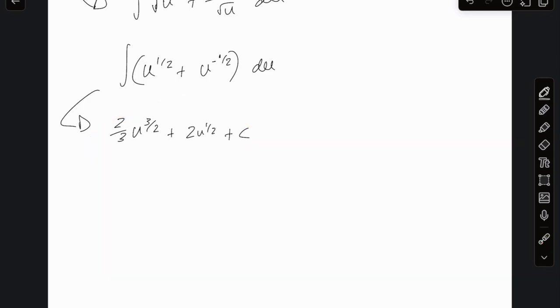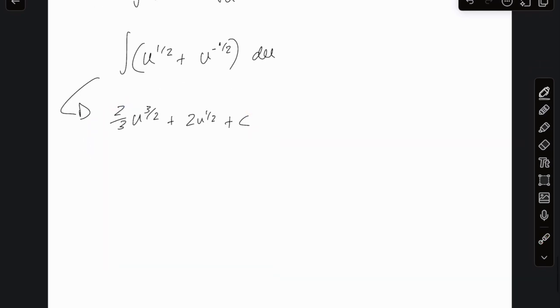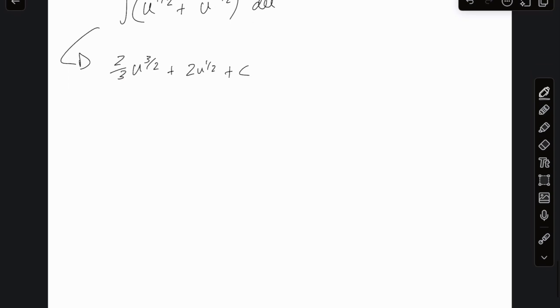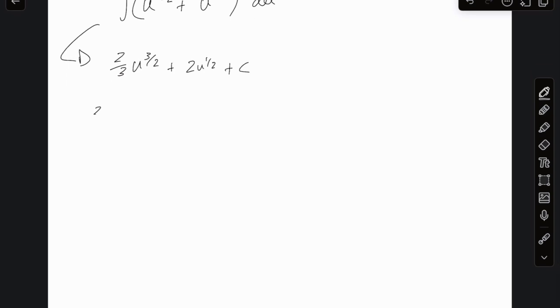Now we just have to plug in the x variable. So we're going to get 2 over 3 x minus 1 to the power 3 over 2 plus 2 x minus 1 to the power half plus c.